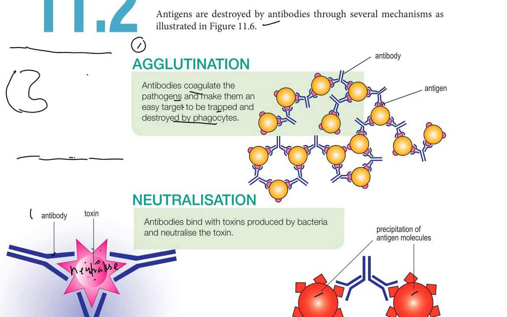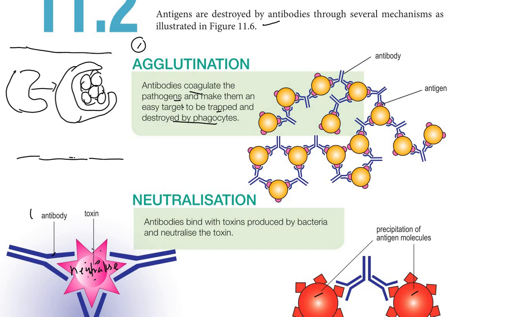These antibodies make these pathogens coagulate together, so they bind these pathogens to each other and become clumped. This makes it easy for the phagocyte to trap them, maybe like this, and destroy the pathogens easily.